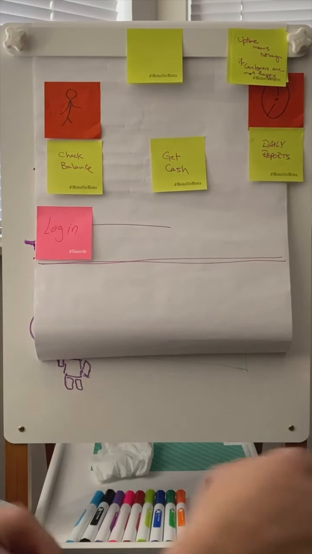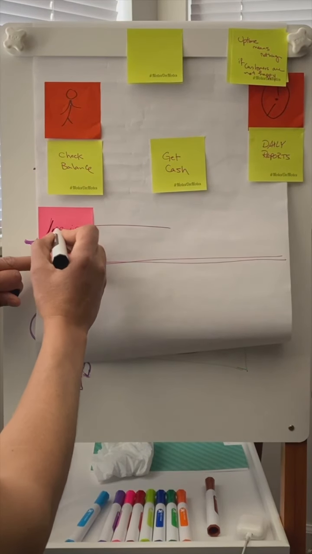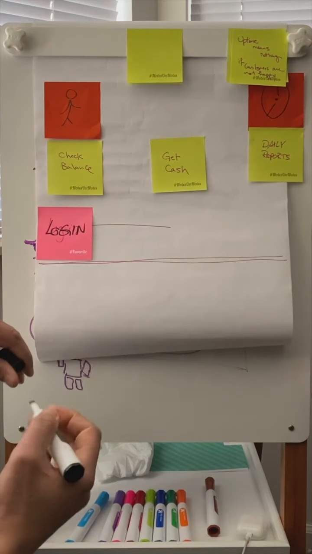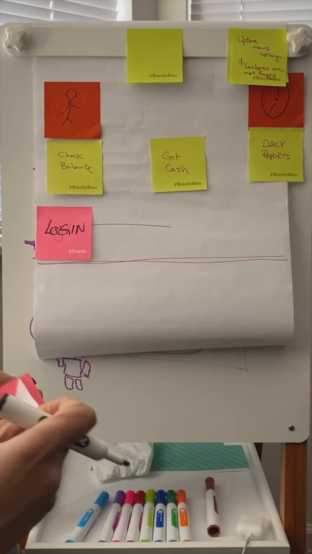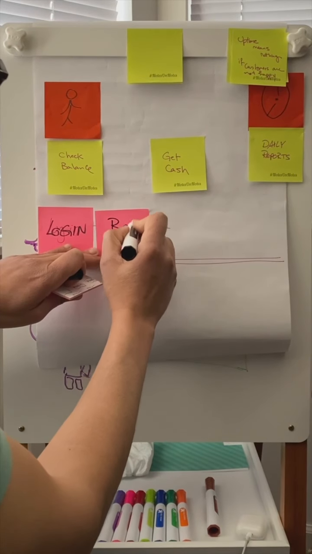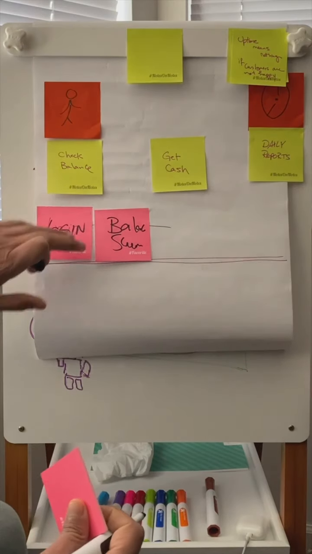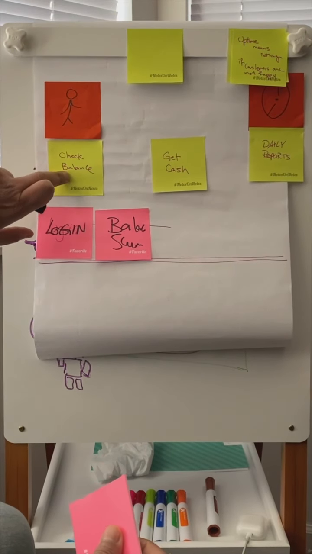Let me do this with a different color. You do login, and you land in the balance screen. We're starting to break down what we need to do to achieve this goal for the user.